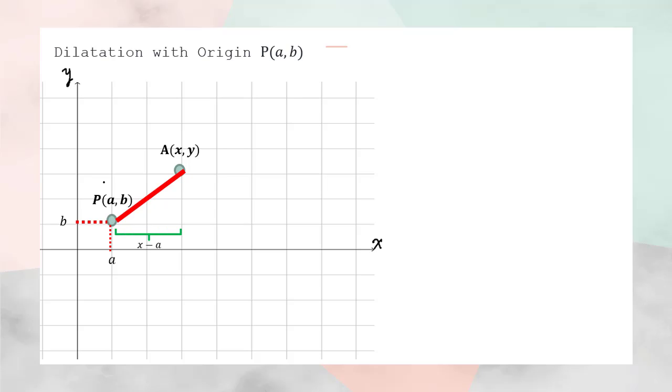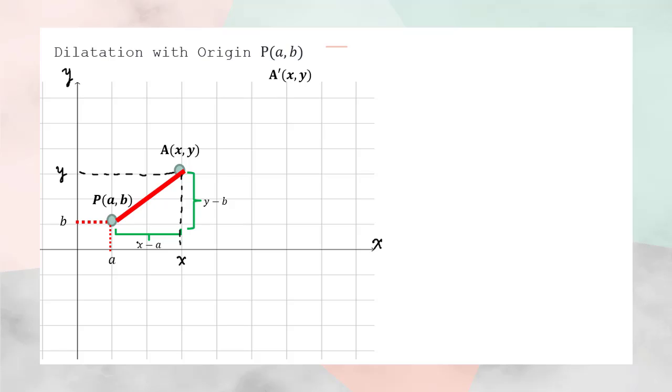Now we have to find the horizontal and vertical lengths of point A. Horizontally it will be x and vertically it will be y. So the length from the center of dilatation will be x minus a, and vertically from point B, which is the center of dilatation, will be y minus b.